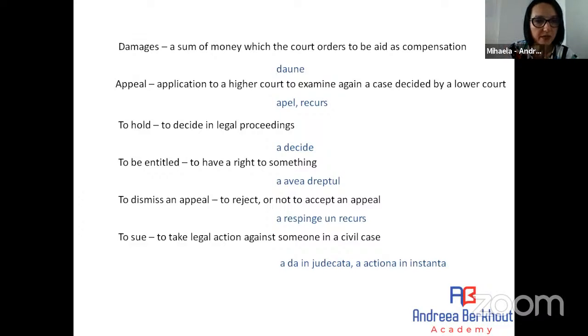Okay, can we make one with "to be entitled"? Hereafter, the father is entitled to full jurisdiction of his son. Great, you're doing great.